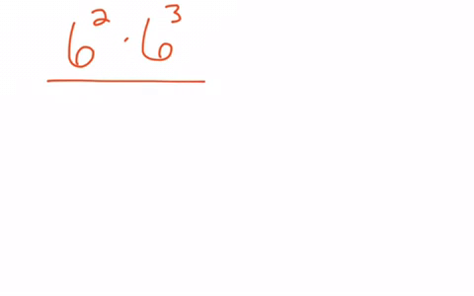Sometimes we'll have factors in the form of a fraction, so we can do such things as doing 6 squared times 6 to the 3rd power over 6 to the 7th power, for instance.